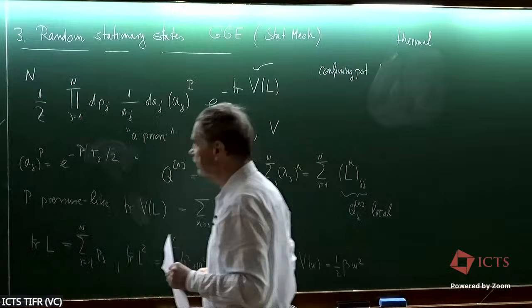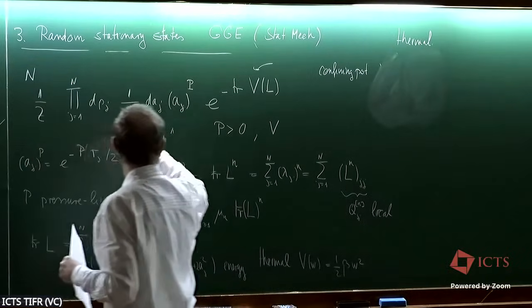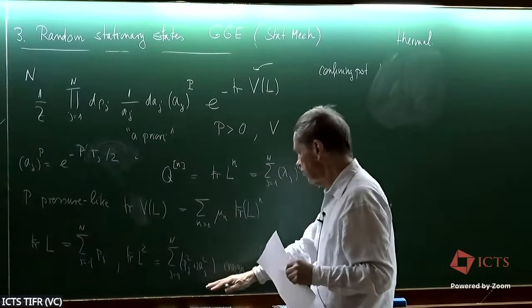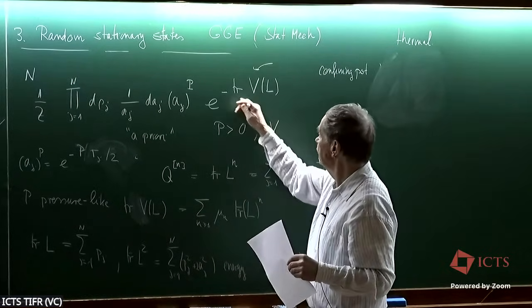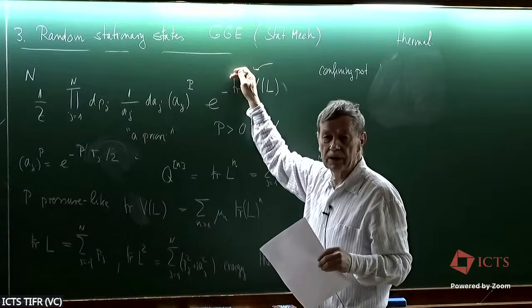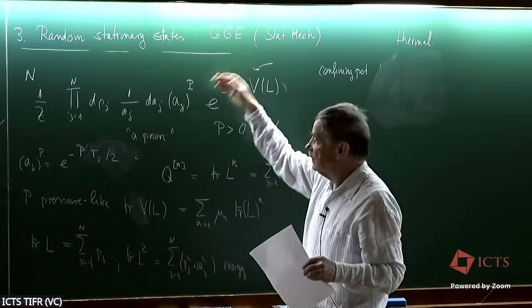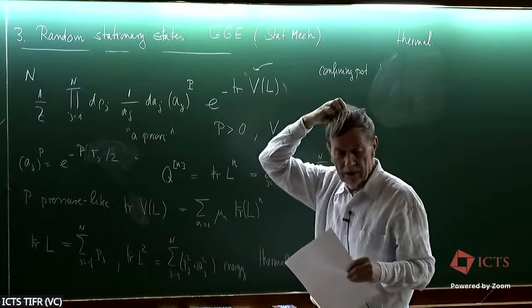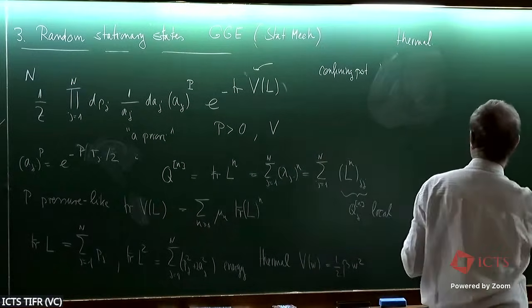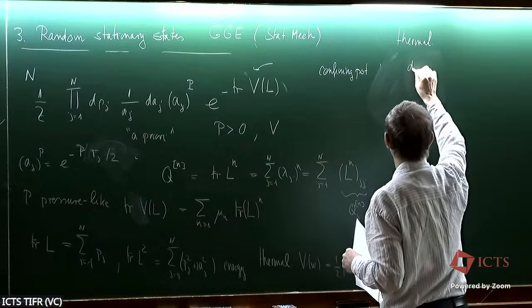You have to look at this expression, and you see that it is still a sum. So when I put this up in the exponential, I still get a sum, so I still have independence. Now, what is the distribution? Well, the diagonal.